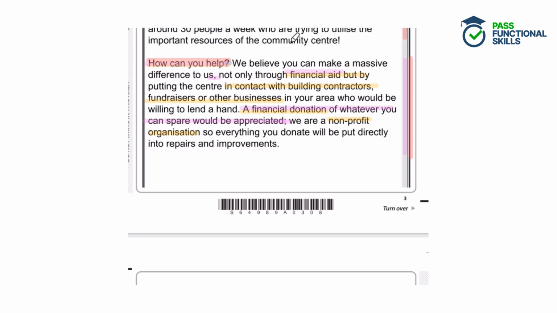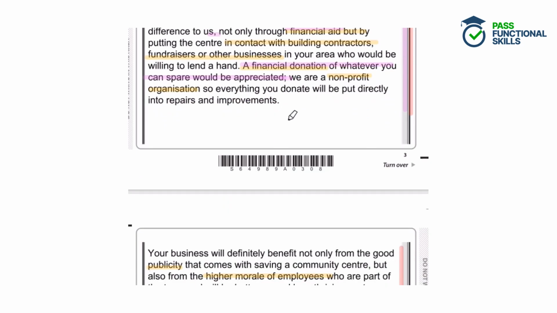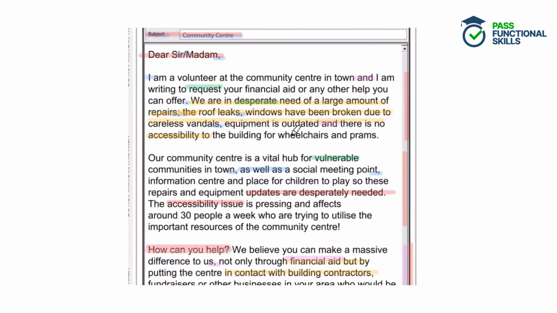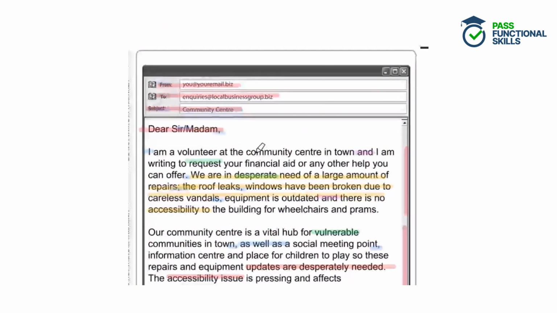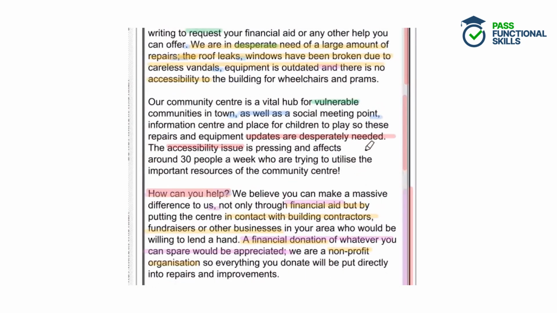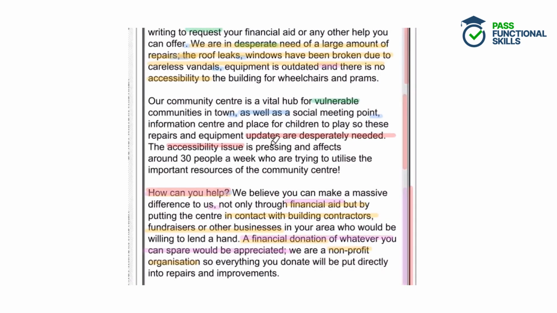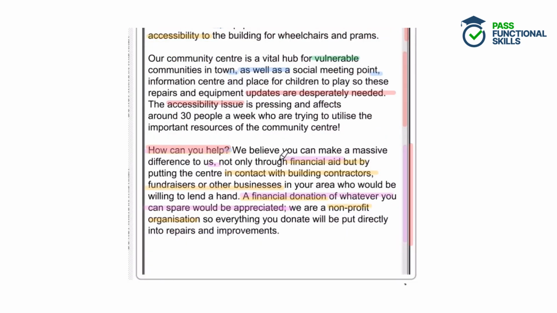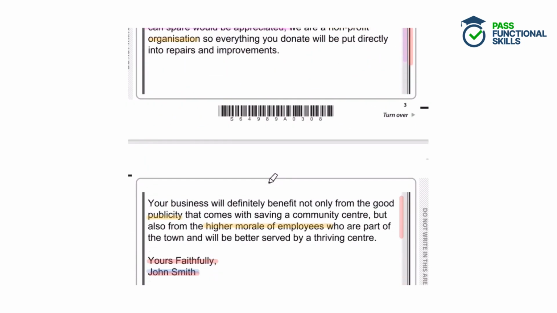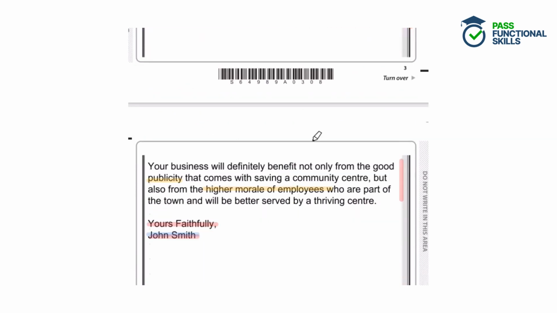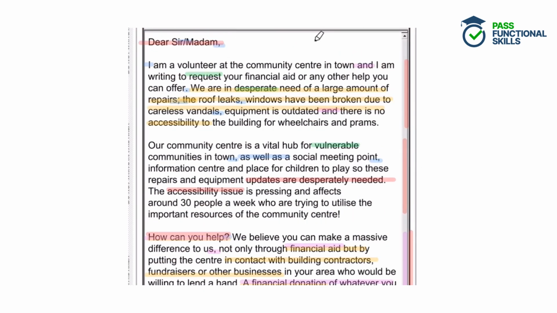So everything really flows effectively, and we've got a logical ordering of paragraphs as well. So the first one introducing the issues, the second one is highlighting the importance, the third saying how to help, and the fourth giving benefits.